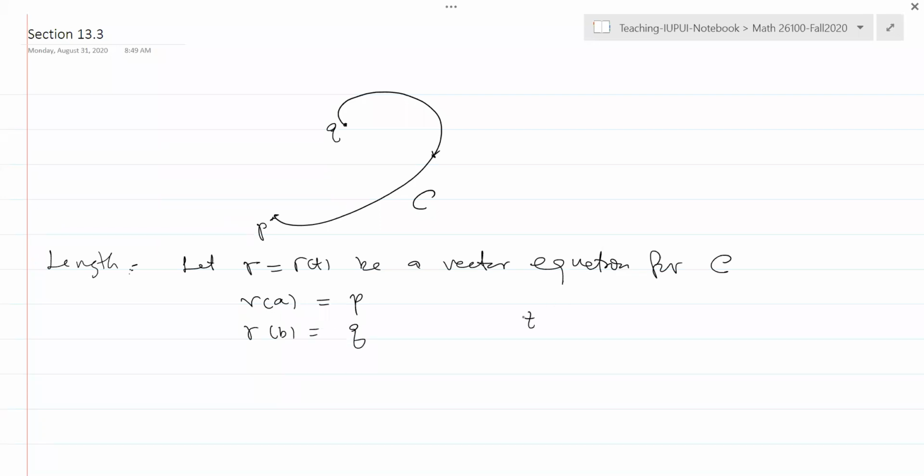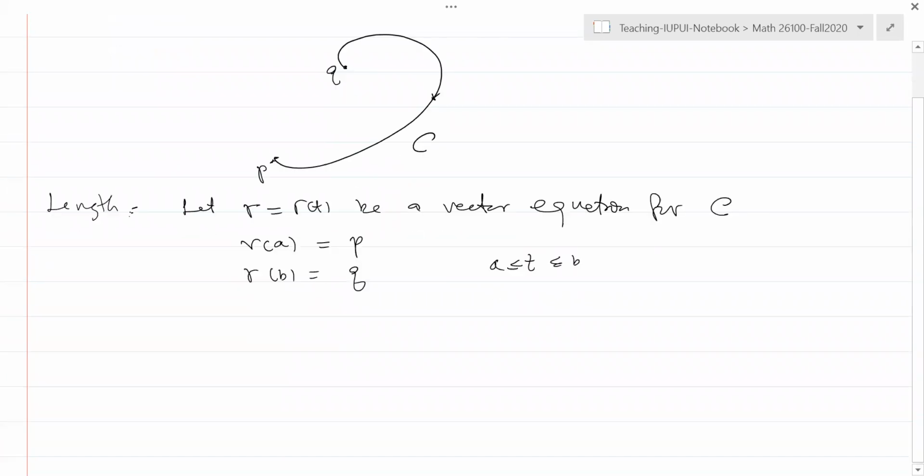So t here is between a and b. So you have a vector function which serves as a vector equation for the curve.